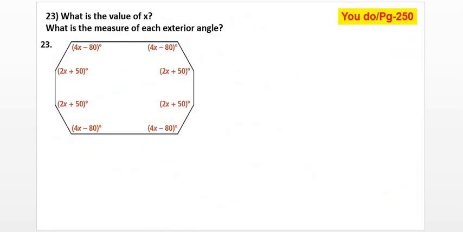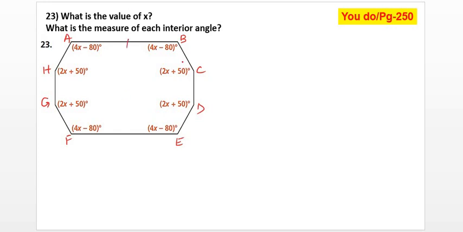Okay, next question, it says what is the value of x, what is the measure of each interior angle. To find the value of each interior angle, they have given you different angles. Let's say this one is A, this one is B, C, D, and then we have E, F, G and H. First find the sum of all the interior angles.